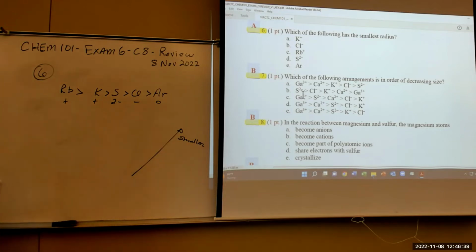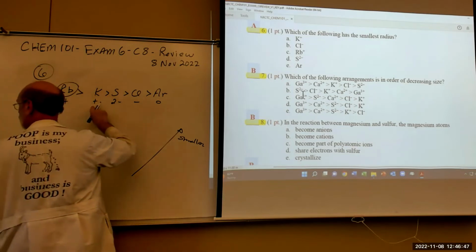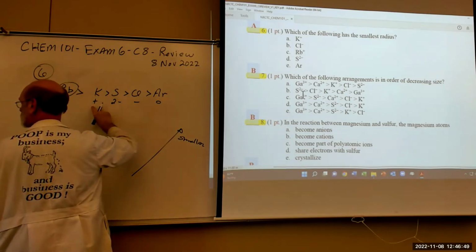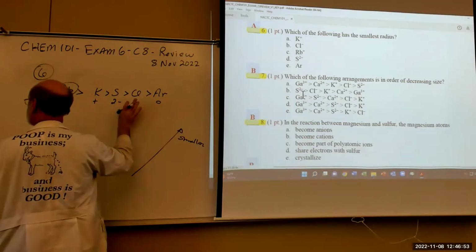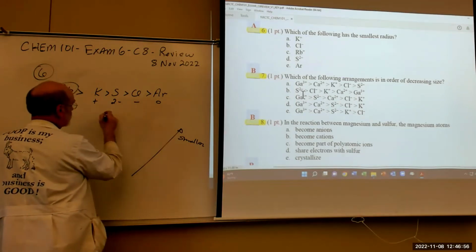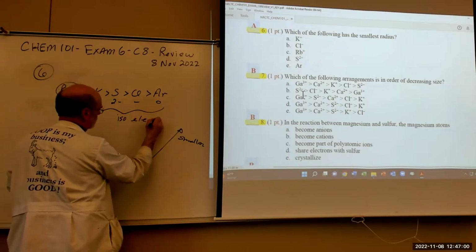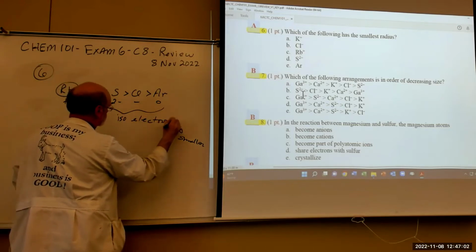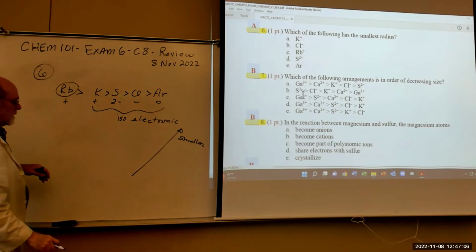Actually, hold on a second. There's a better approach to this. Except for this one, these, potassium, argon, sulfur, and chlorine, these are all isoelectronic.